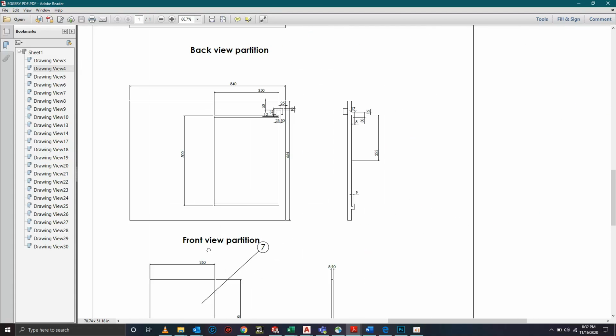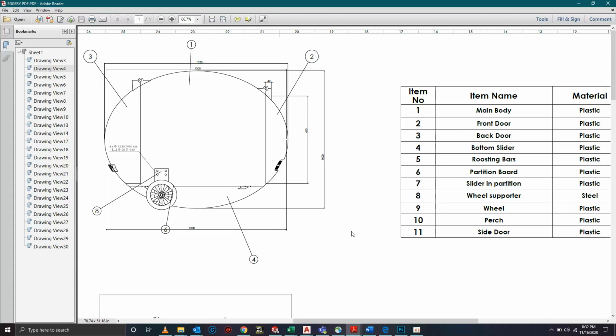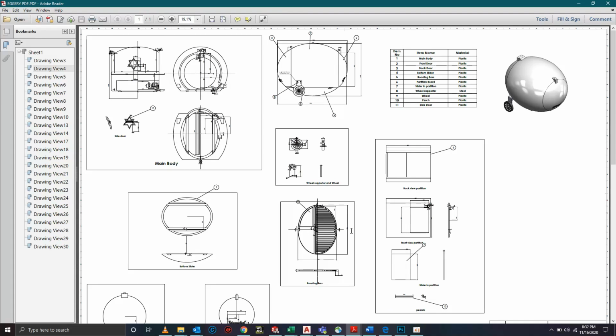That's why everything is defined. Also, we can provide all the 3D file formats to the supplier for his product design. So these are the manufacturing drawings, and you can understand how our process goes easily.